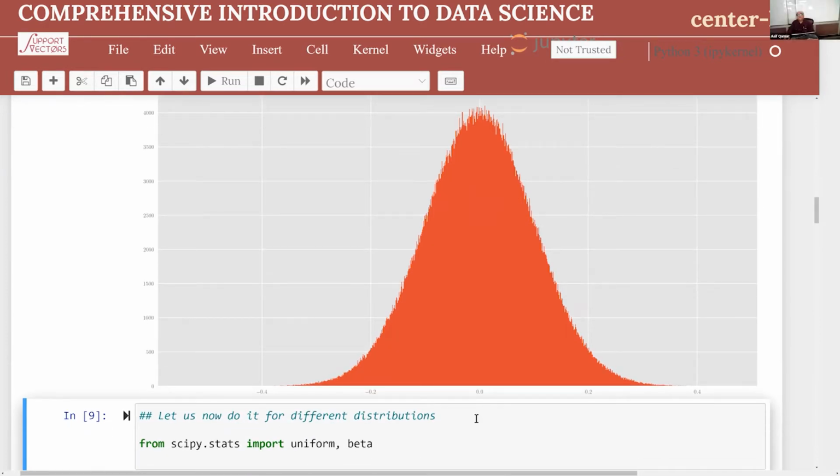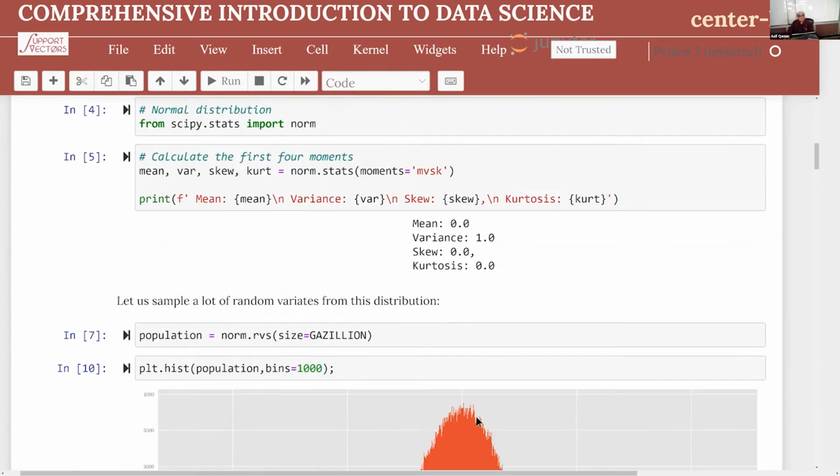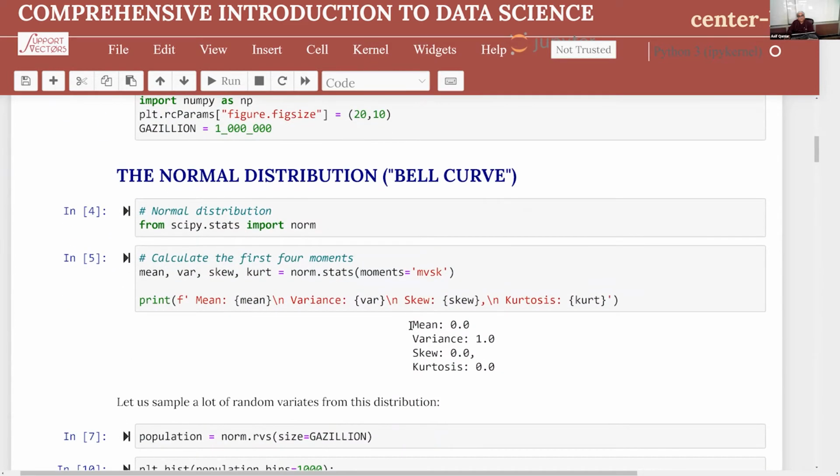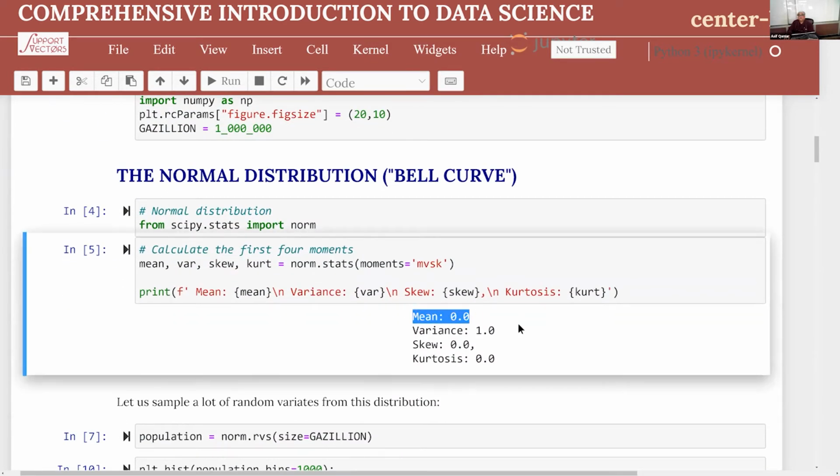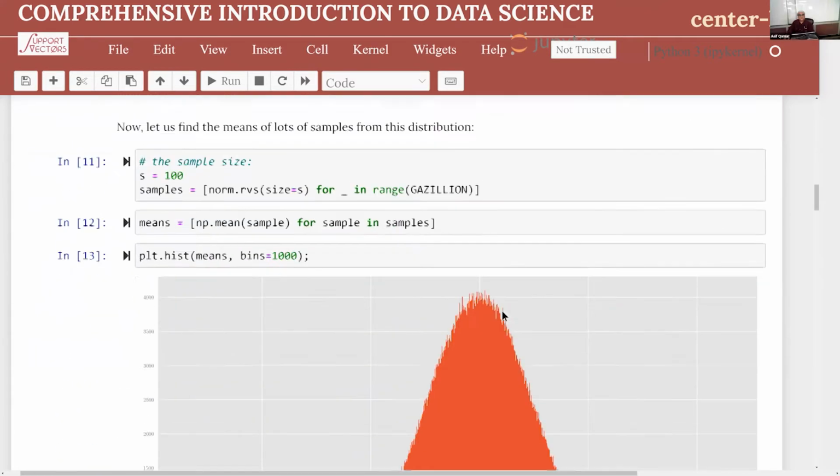So what was the true mean? Let's go and look at the true mean. It was 0. The population mean was 0, isn't it? So you can say, well, I'm not impressed. You took a bell curve, and then you took samples from it, and then you're telling me that the sample means show a bell curve distribution. That sounds like cheating. Let's try something else.